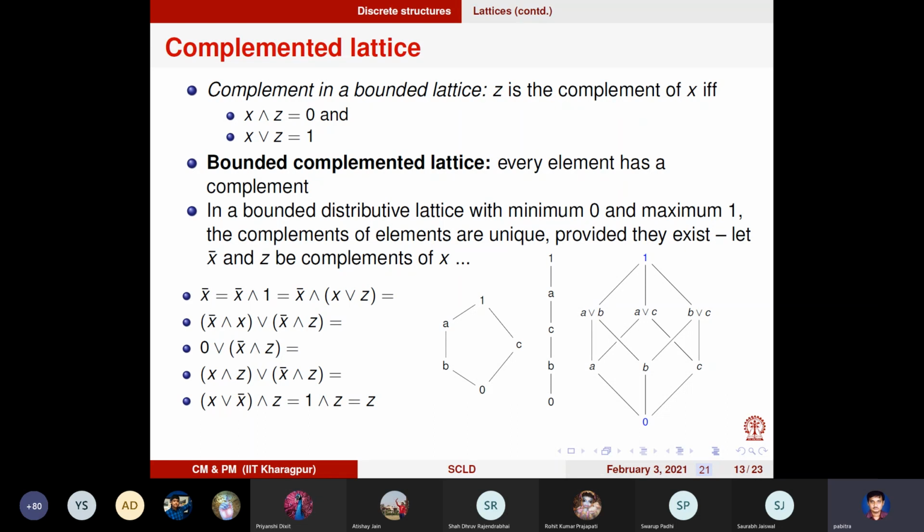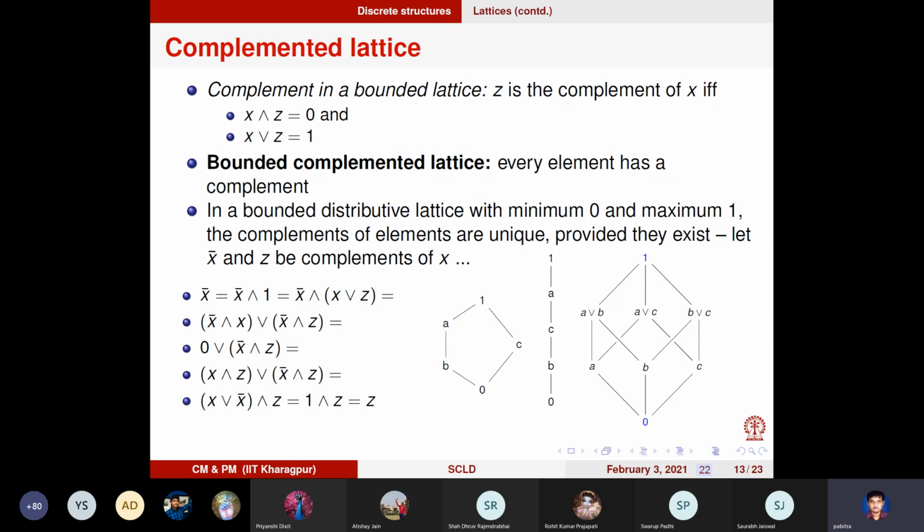So what happens? Now look at the next structure. I can think of it as if I replace all the 1 by 0 and vice versa, and replace all the meets by the joins. So 1 and 0 are two elements, and meet and join are two operations. I will interchange the maximum and minimum elements, and I will interchange the meet with the join.